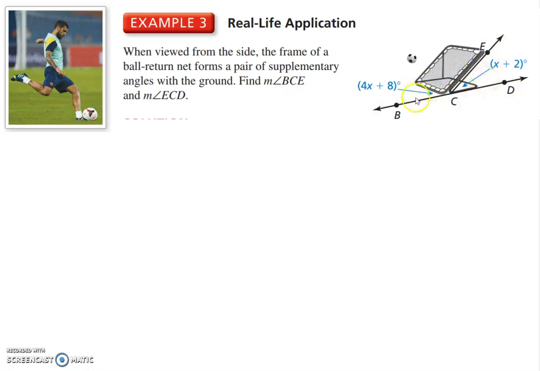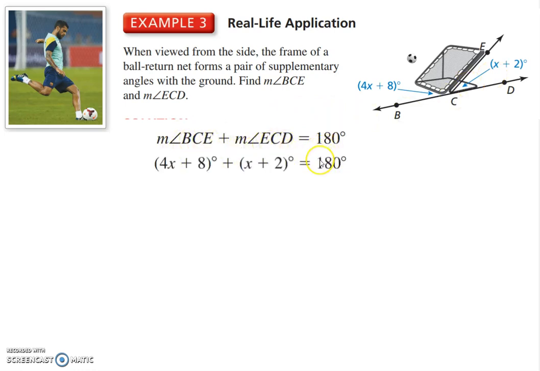We know that both of these add up to 180. Measure of BCE plus measure of ECD is 180, so we can replace those. Substitute 4x plus 8 for BCE, and x plus 2 for ECD. We can combine 4x and x to give us 5x, and 8 plus 2 to give us 10.